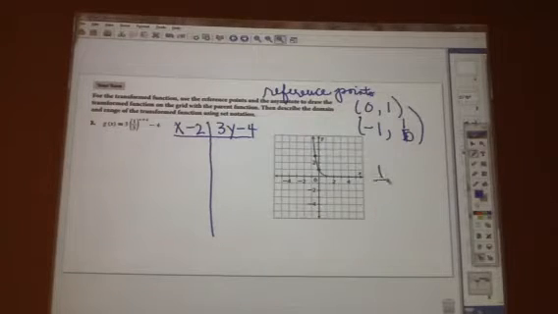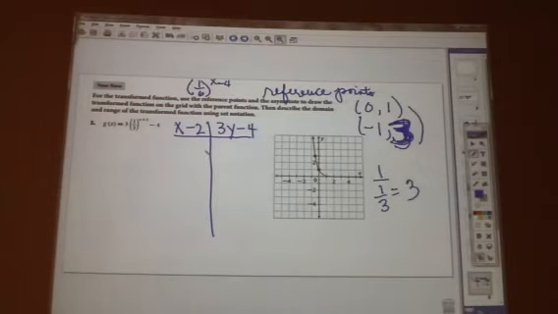Because 1 over 1/3 really means 3. Okay, so your reference points here would be 0, 1 and -1, 3. This will be a 3 on this particular problem. So every time you have, let's say you had 1/6 to the x minus 4, then your reference point would be what? -1, 6. Make sense?